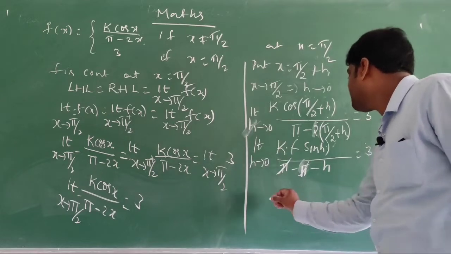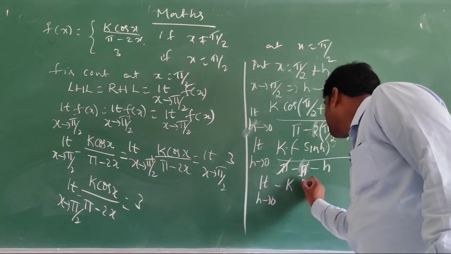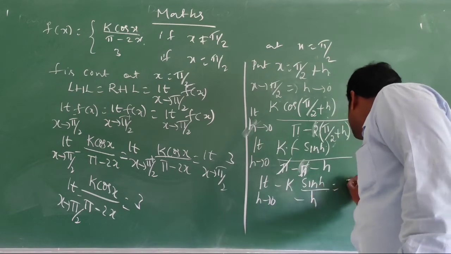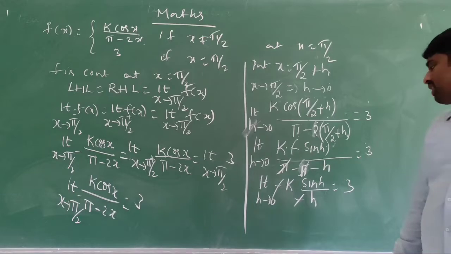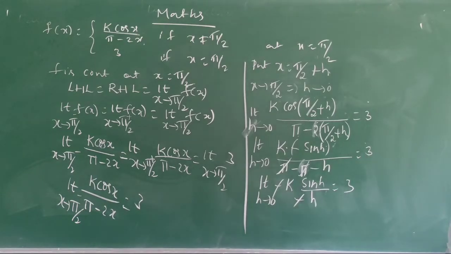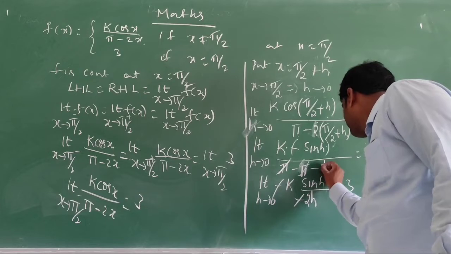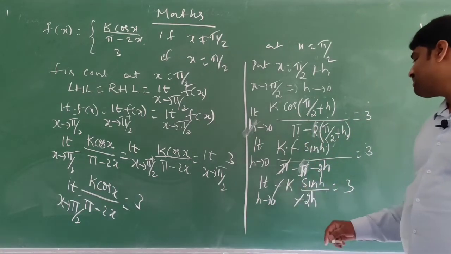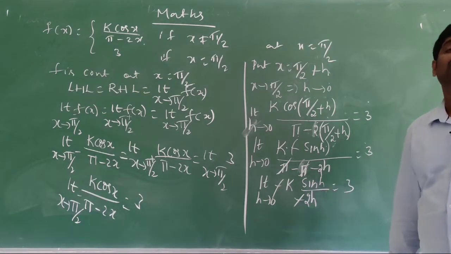Pi cancels. Limit h tends to 0 of minus k sin h divided by minus 2h is equal to 3. Minus cancels. Here we have to apply the limits and derivatives theorem.